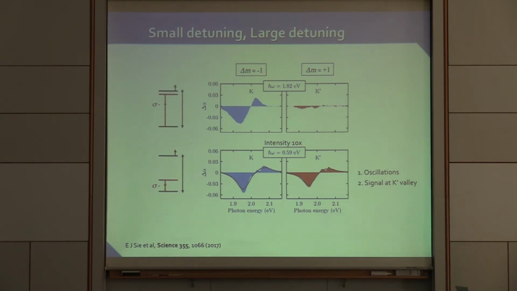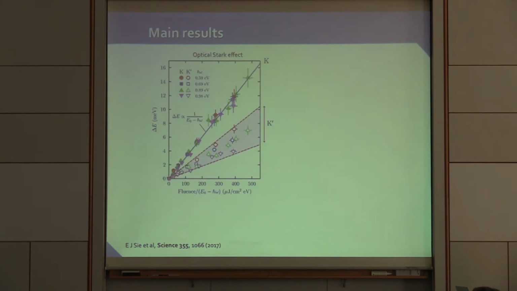One thing that we can do is calculate the energy shift by looking at the area under the curve. So we plot this shift as a function of fluence over the detuning. And for the K values, we can plot by using different laser colors. The solid symbols are at the K value, the open symbols at the K prime value. So the solid symbols all fall onto the same line.